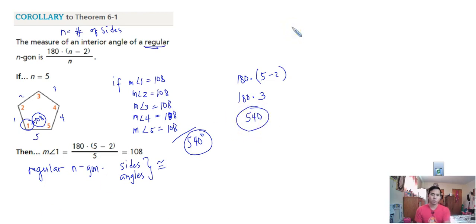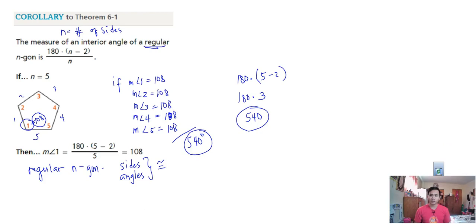So that is all about the corollary. The corollary is a support of theorem 6-1, which means that if the given polygon is a regular polygon, the sides and the angles are all congruent. So you have to use this equation, 180 times n minus 2, then divided by the number of sides.